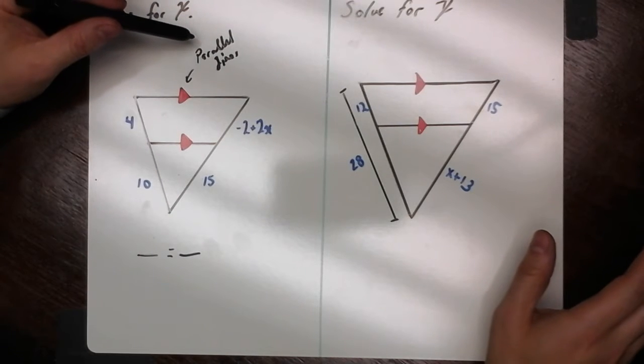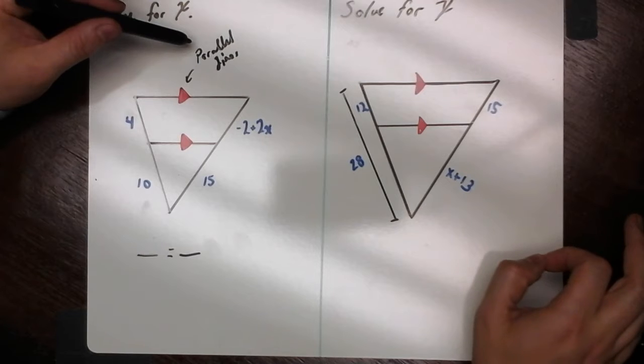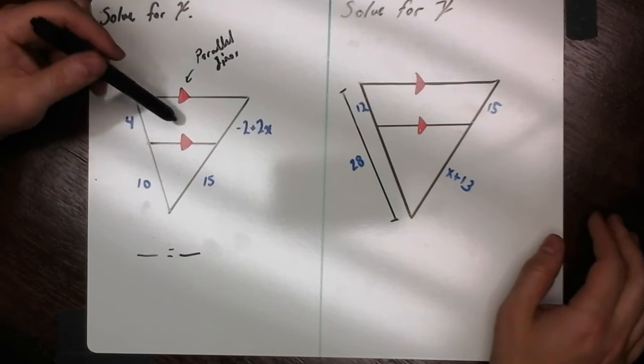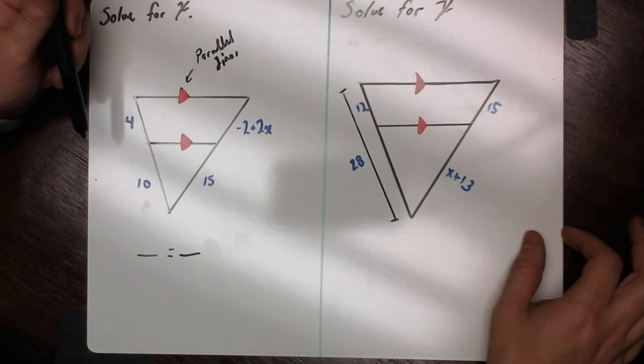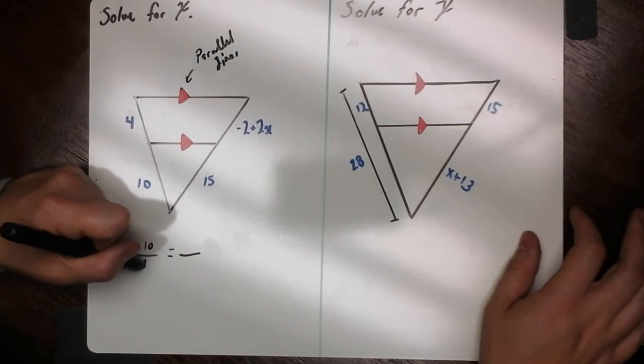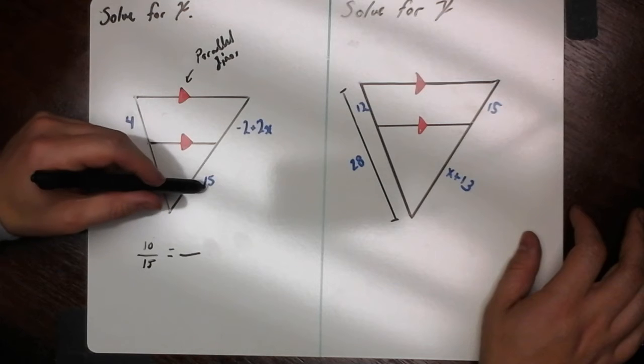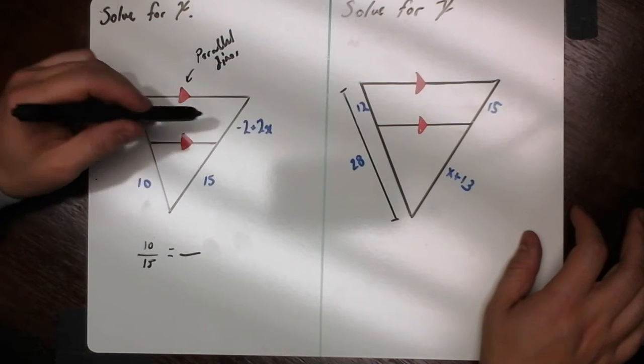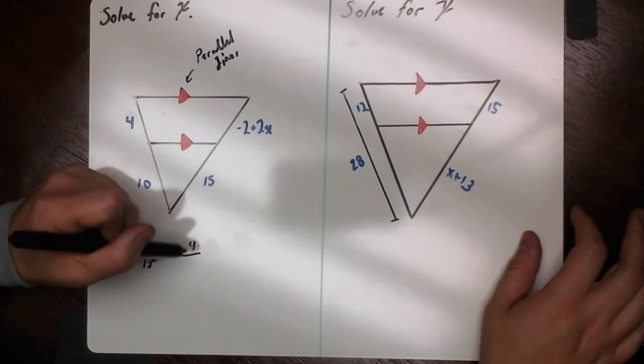Either way will work, but you have to stay consistent. Now, I noticed that 10 and 15 are large numbers, so I'm going to go across. So I'm going to say 10 to 15, then 4 to that.